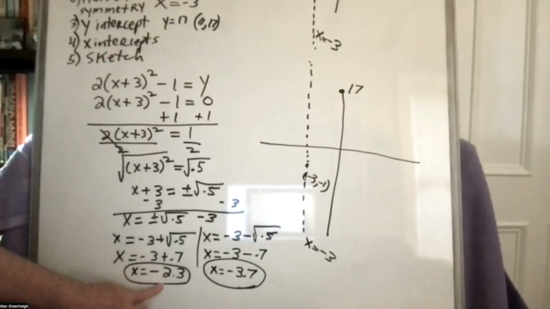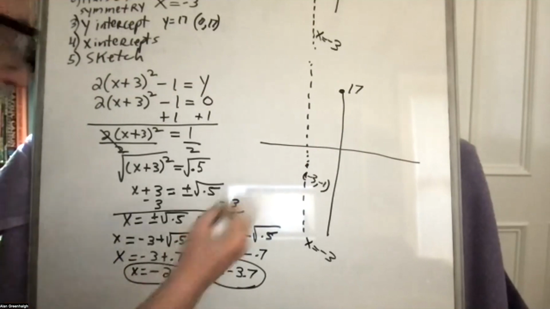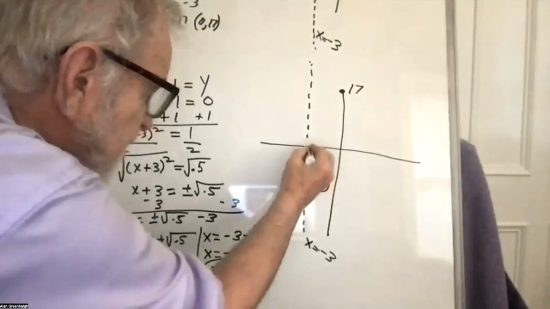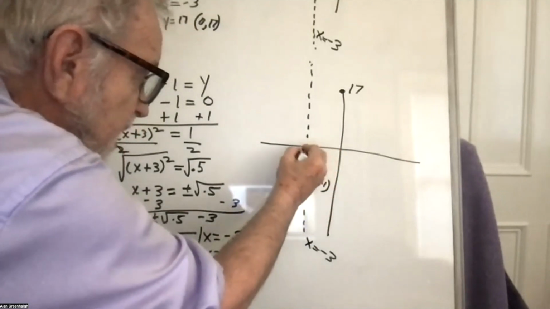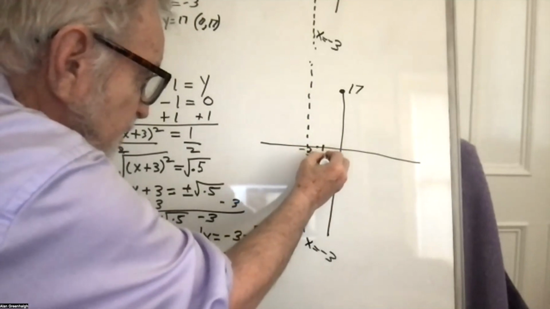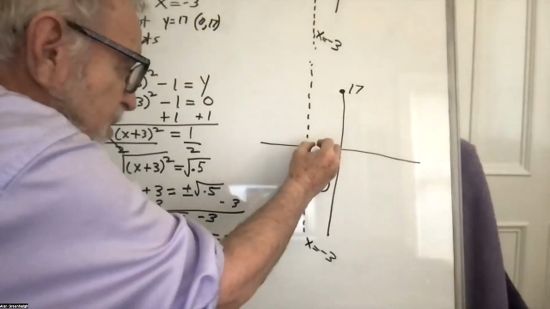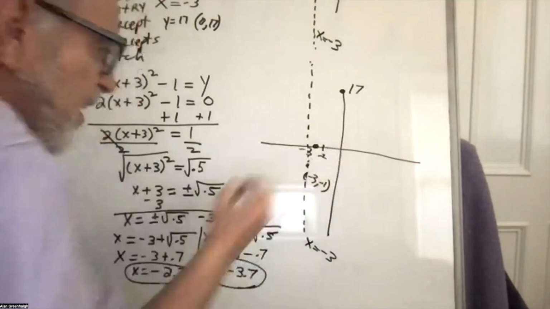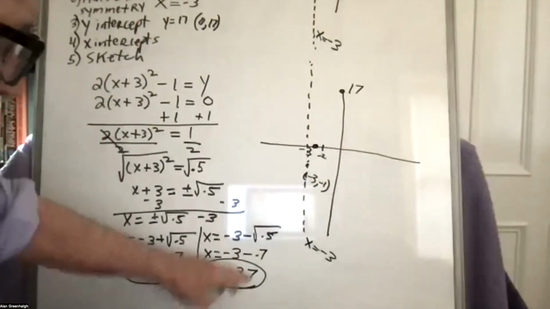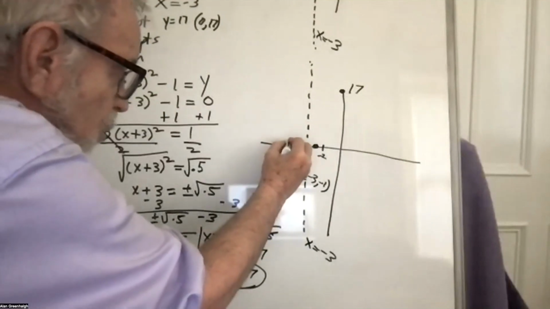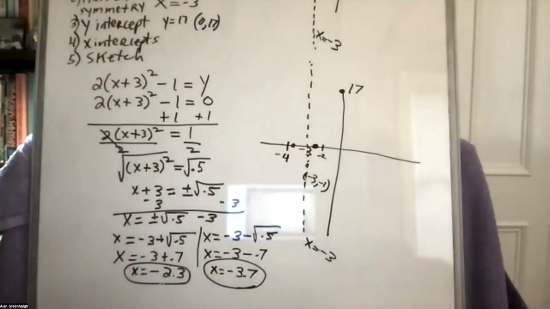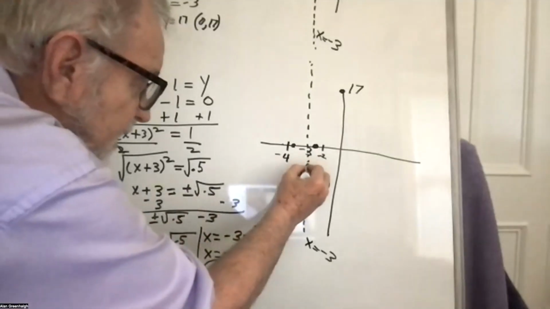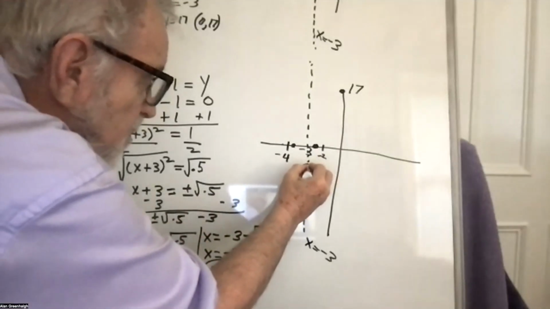Now the x-intercepts are negative 2.3, which would be, if this is negative 3 and this is negative 2, right over here. And then negative 3.7 is not quite at negative 4, right over here. That would be the other one. So this is what the graph basically looks like. Not an exact location, but this is what it sort of looks like.